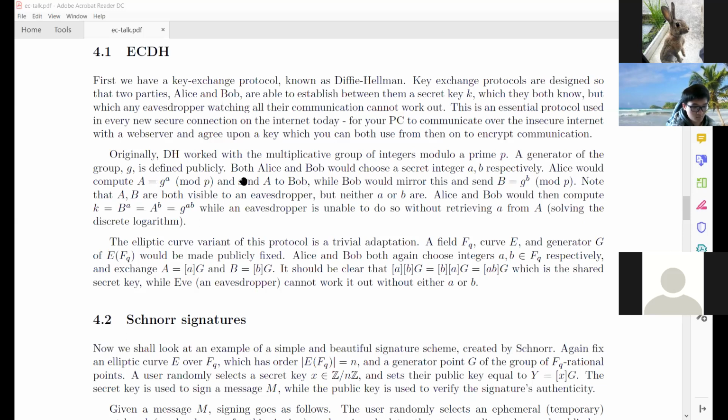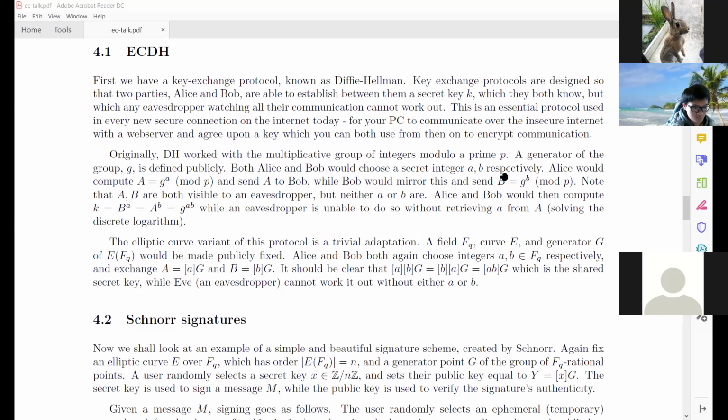So that's the discrete log problem again, and it's also hard not on elliptic curves, just working in the multiplicative group of integers. So this little a would be their secret key, and the big A or the big B is their public key in this situation.